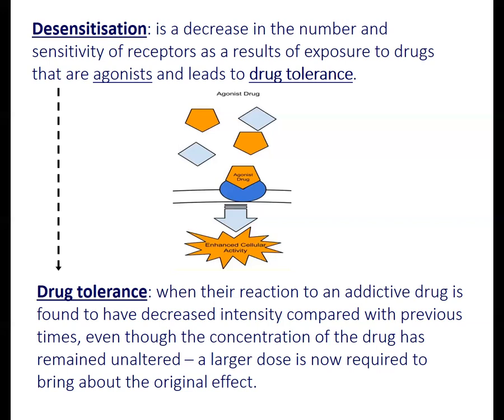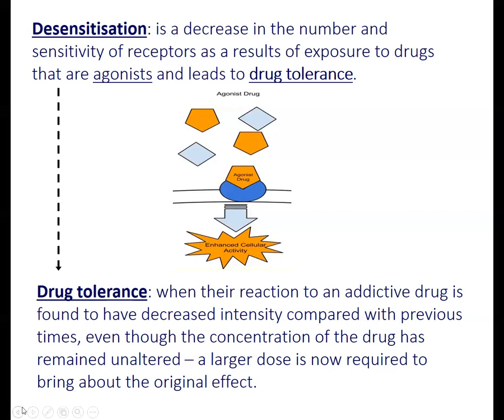And what you find is, because there are fewer receptors and they're less sensitive, the person never gets the same effect again, even though they keep taking the drug at the same dosage. Because the nervous system has changed, they never get the feeling that they once had. And this is called drug tolerance. So in order to get the same feeling, they need to take a larger dose of the drug to bring about the original effect.